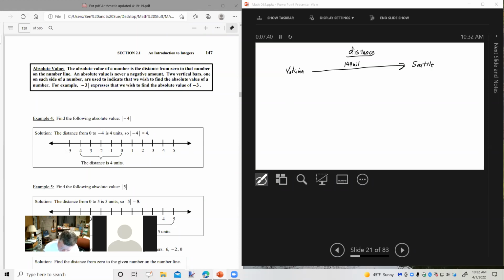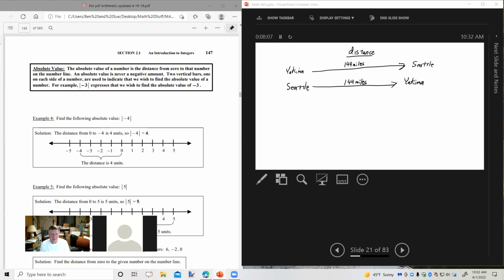So I'm going to go with that. Let's say it's 144 miles from Yakima to Seattle. Then the question I have is this: how far would it be from Seattle to Yakima? Anybody? No takers? Okay, well, it would be 144 miles as well.